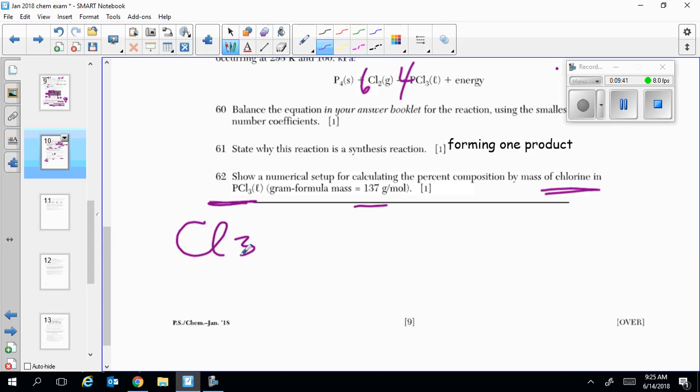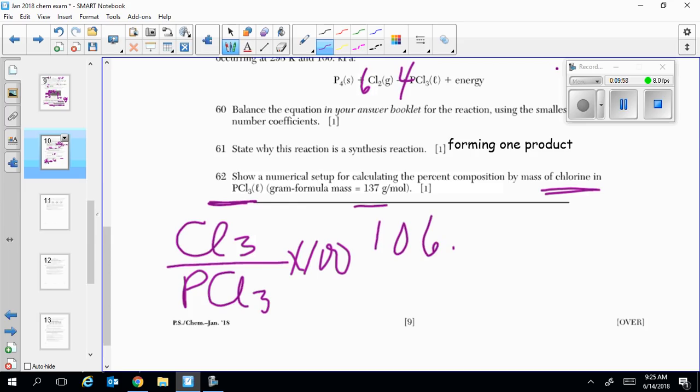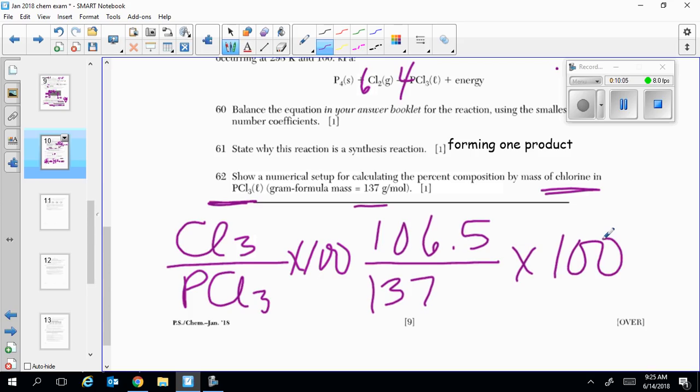So I want to have Cl3 on the top. I want to have PCl3 on the bottom. And I want to go times 100. So first thing I'm doing is looking up chlorine. And chlorine is 35.5. So 35.5 times 3. I've got 106.5. The bottom they told me is 137 and then times 100. That is my correct numerical setup.